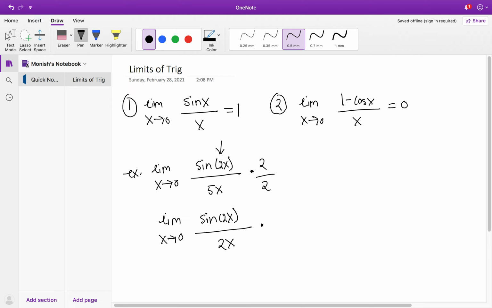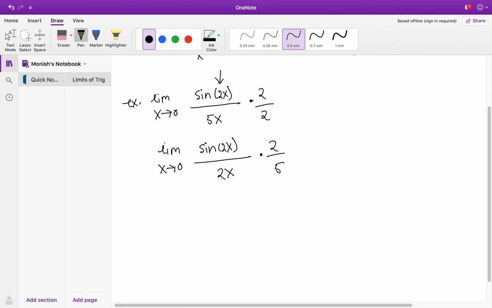Then on the outside, I'm just going to leave this 2 that's on the numerator and move this 5 over here, just so it makes sense how I'm going to apply the rule. So now we have the limit as x approaches 0 of sine of 2x over 2x, and remember, based off of our rule, that's just going to equal 1.